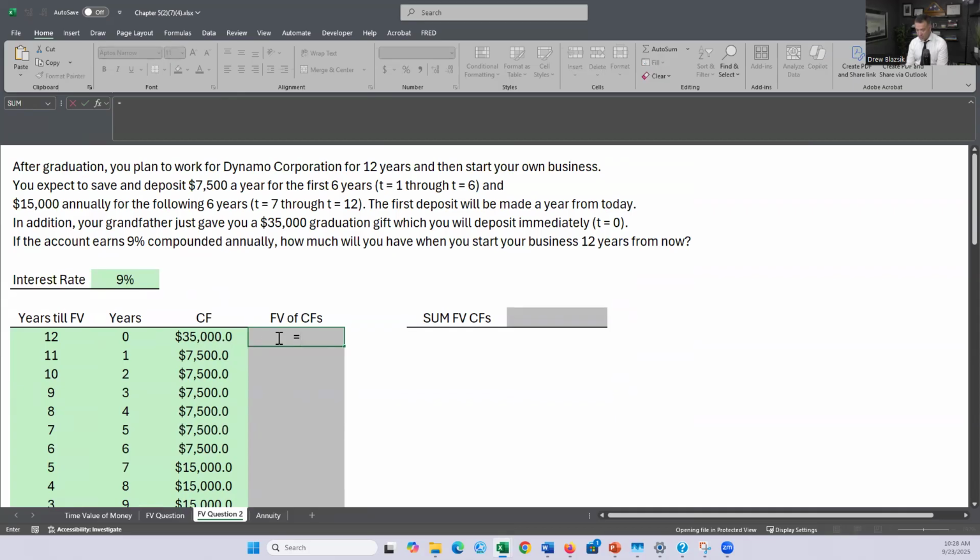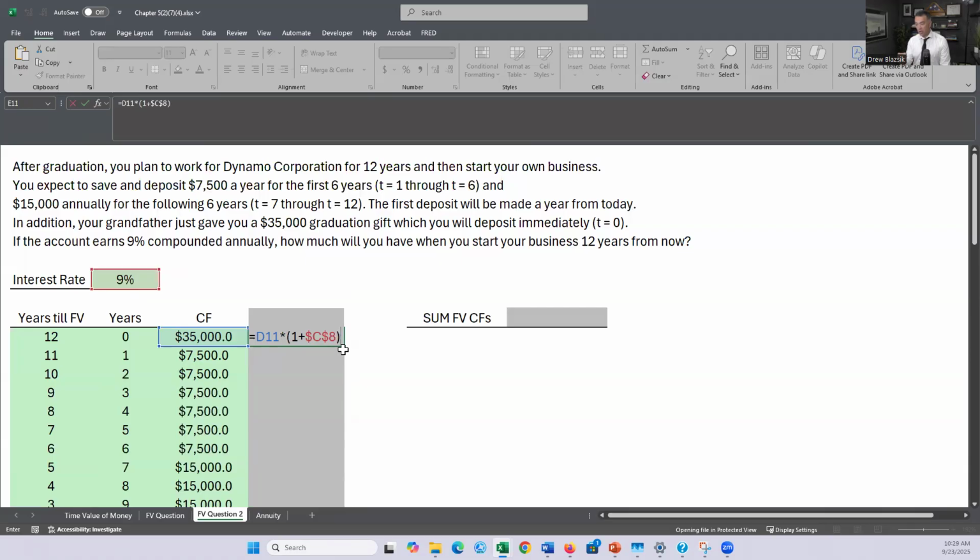So we're going to go equals, the future value equation. We're going to say the present value, or the cash flow at that time, multiplied times 1 plus the interest rate. I'm going to drag that down, so I don't want that frozen. I want the interest rate frozen though, so I'm going to hit function F4.